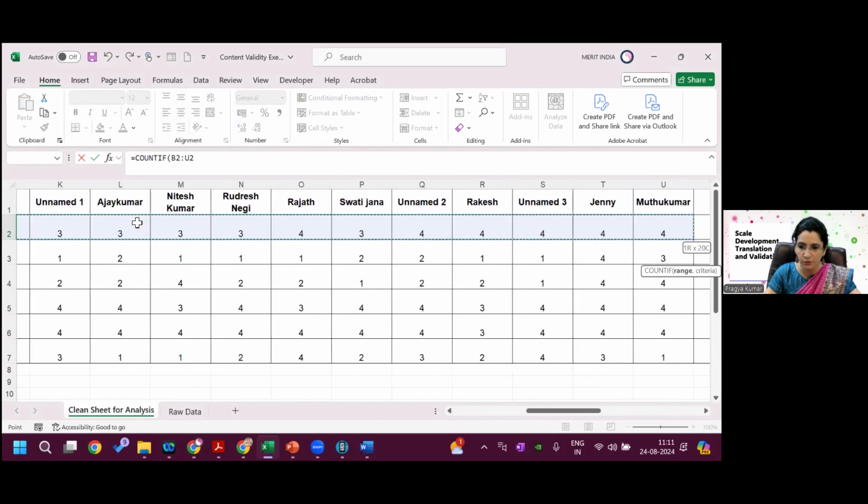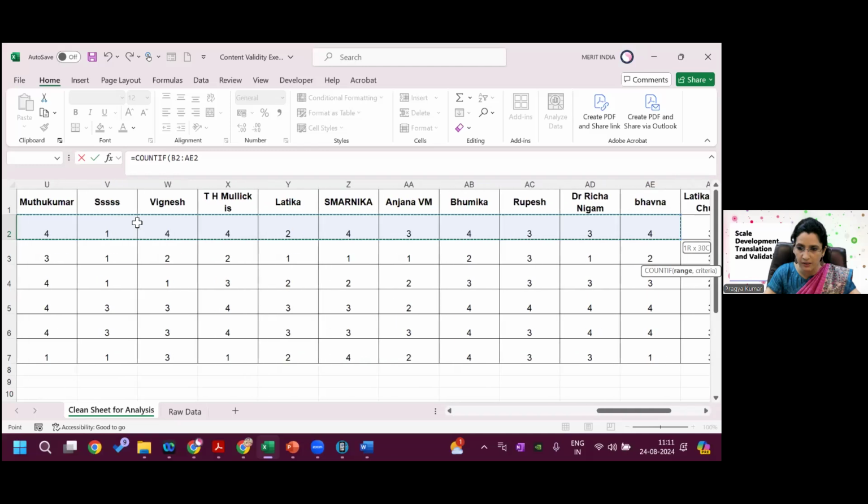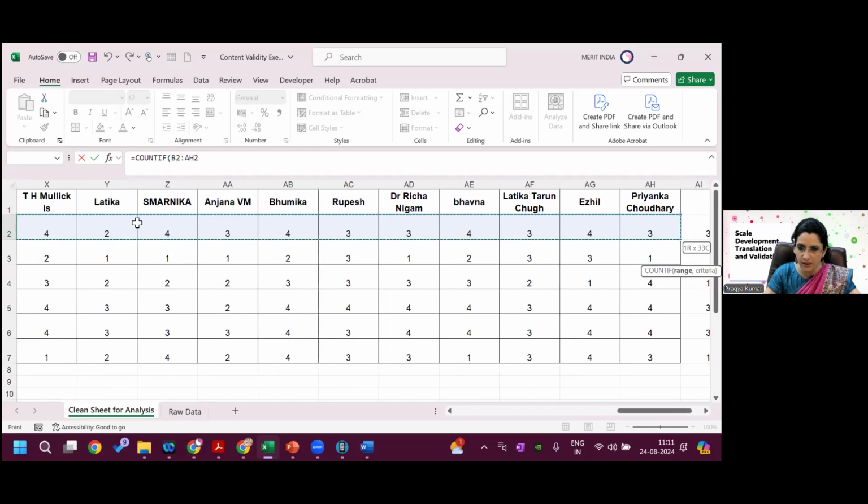Coming to Vignesh, Latika, Smarnika, Anjana, Bhumika, Rupesh, Richa, Bhavna, Dr. Latika. The number of experts is large, otherwise the last is Dr. Priyanka. So I have given the range. Now you need to put a comma, and I have to count the number which is more than or equal to 3.